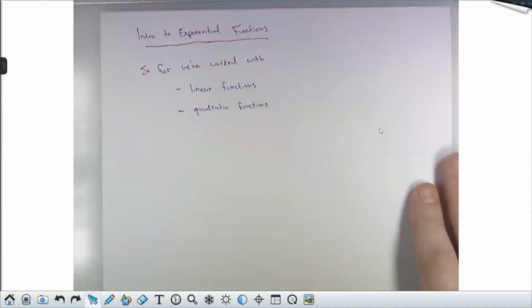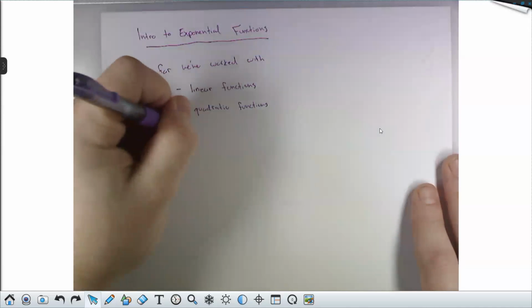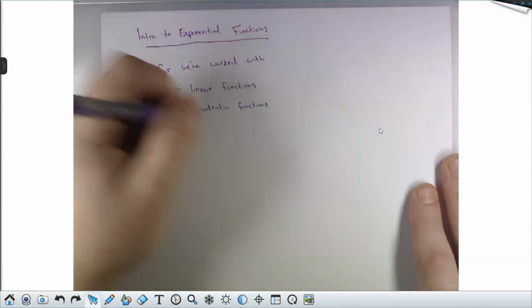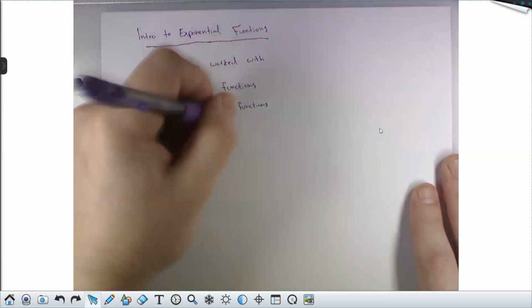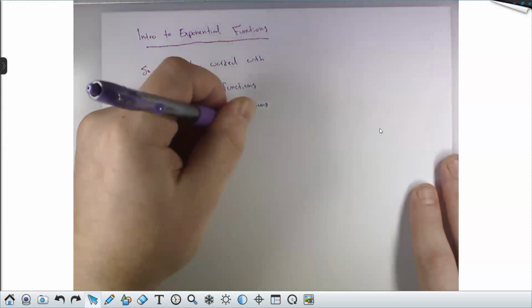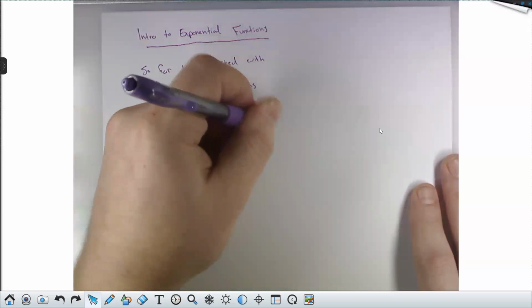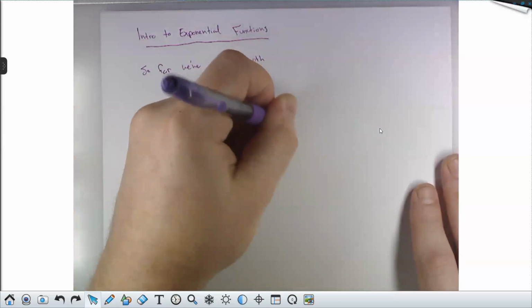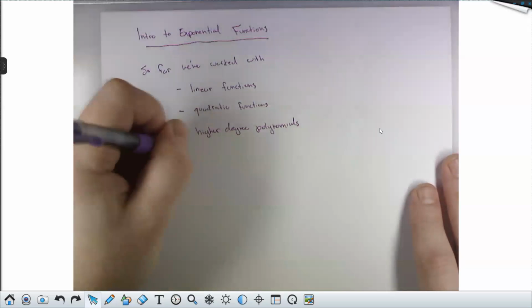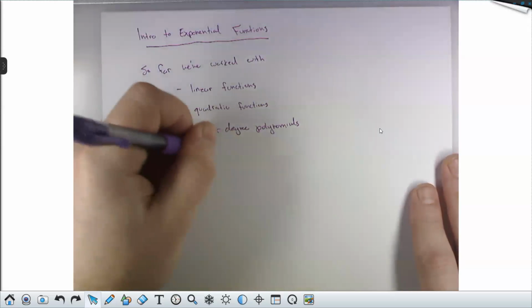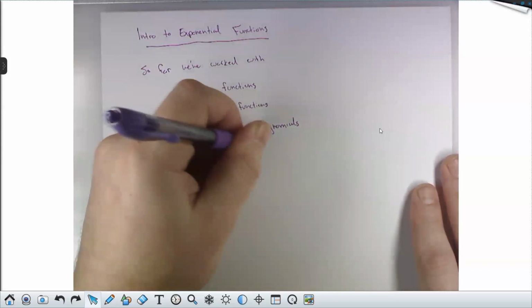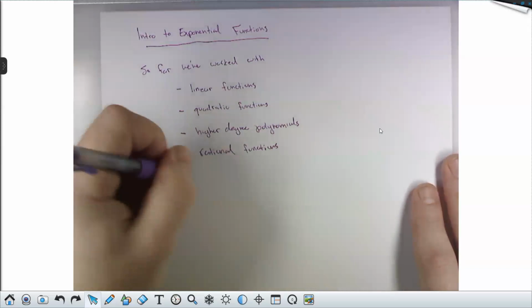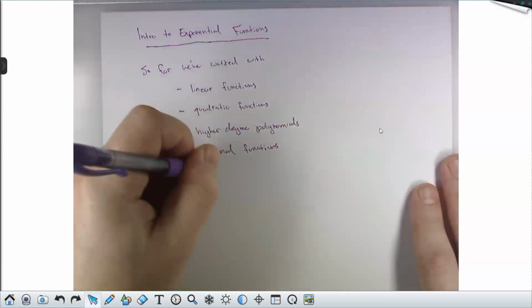Quadratic functions are like ax squared plus bx plus c. We talked about higher order polynomials, higher degree polynomials, rational functions, and power functions.